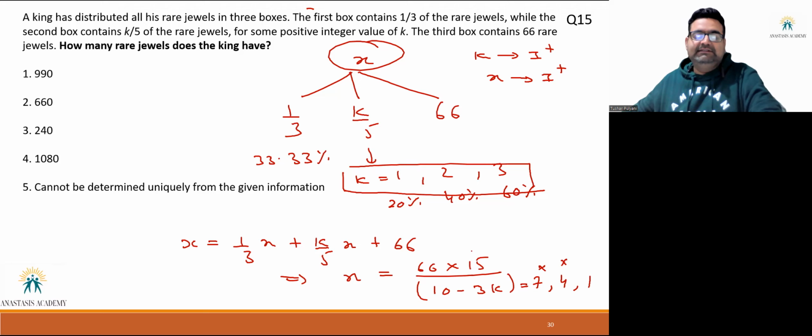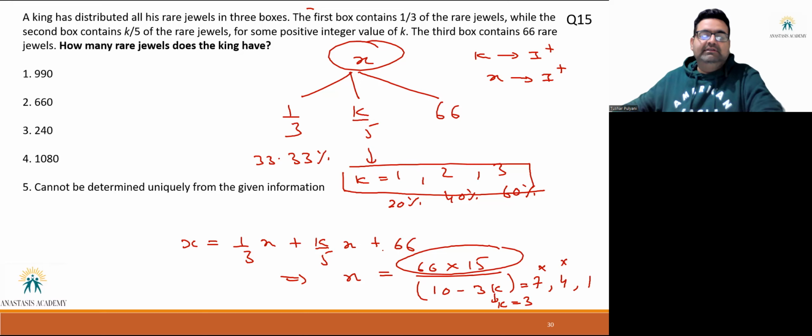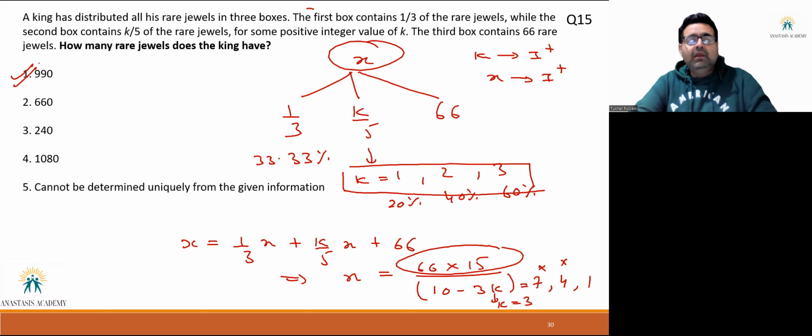So the answer is 66 into 15 at k equal to 3. 66 into 15, if you calculate, is nothing but 990. Another fantastic problem, but yes, there was an effort in terms of looking at integral solutions, ensuring that both k and x have to be positive integers. That was the only way to solve this question.